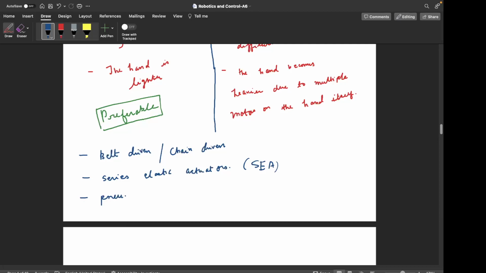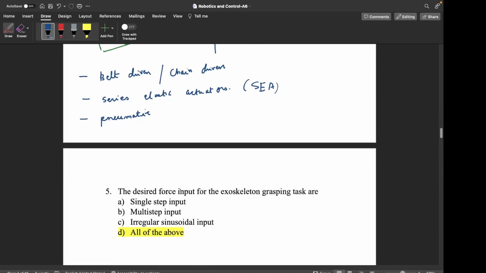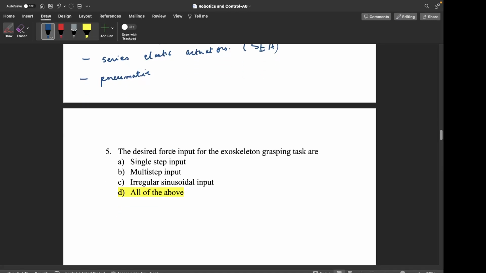Pneumatic means using compressed air to actuate the links. So pneumatic exoskeletons, like small hands with fingers powered using pneumatic actuation, you can also find. There are quite a few videos of these in the public domain, so you can just watch them.